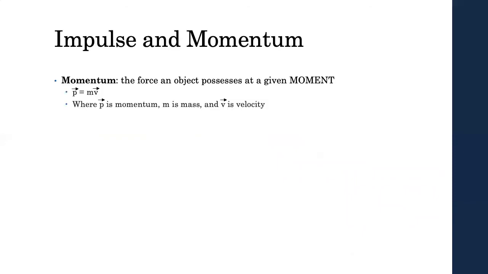Okay, so let's now talk about impulse and momentum. Momentum is the force an object possesses at a given moment, hence momentum. It's described as P with the vector notation equal to mass times speed, or sorry, excuse me, velocity, hence the vector notation.